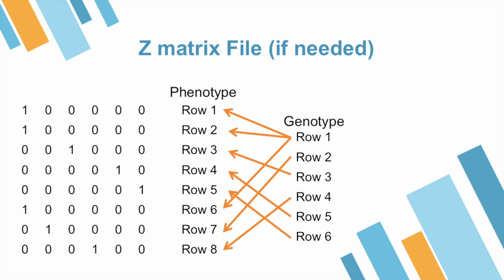In this particular example, the first two rows of phenotype refer to the same individual, and that individual's genotype is in the first row of that marker file. The third row of that Z matrix is telling us that the third row of the phenotype corresponds to the third row in the genotype file, and so on. You can work your way through and see how things are mapped.